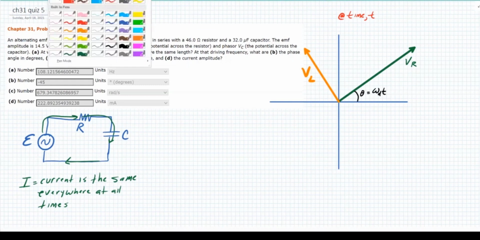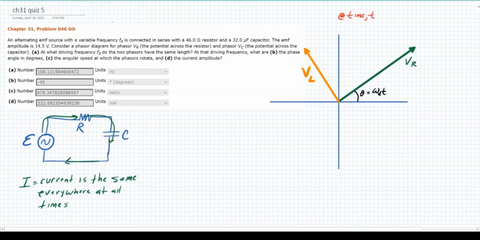And then my capacitor looks like this. My capacitor voltage is always opposing. Let me make this obviously a different size, because they're not necessarily similar in size at all. This is V subscript C, the voltage drop across my capacitor.